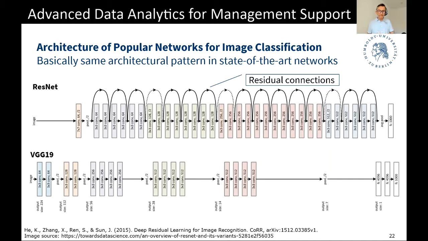A novelty in the scope of ResNet, which did prove successful, that we also see here in the picture, are these residual connections, which we have introduced earlier, at least briefly. I was briefly mentioning residual connections in the scope of transformers and state-of-the-art NLP. As said there, residual connections originate in computer vision.